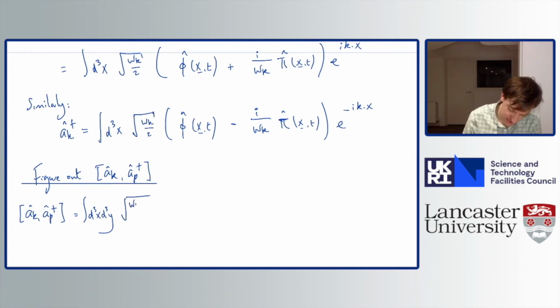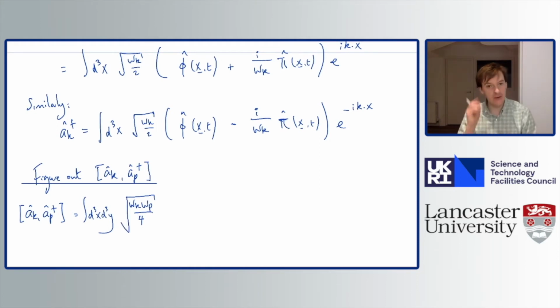So I'll write this as the square root of omega k omega p over 2 times 2, which is 4. I'll keep it inside the square root, a bit more obvious. I could take the square root of 4 if I wanted, but let's leave it as it is. And then we want to do a commutator.